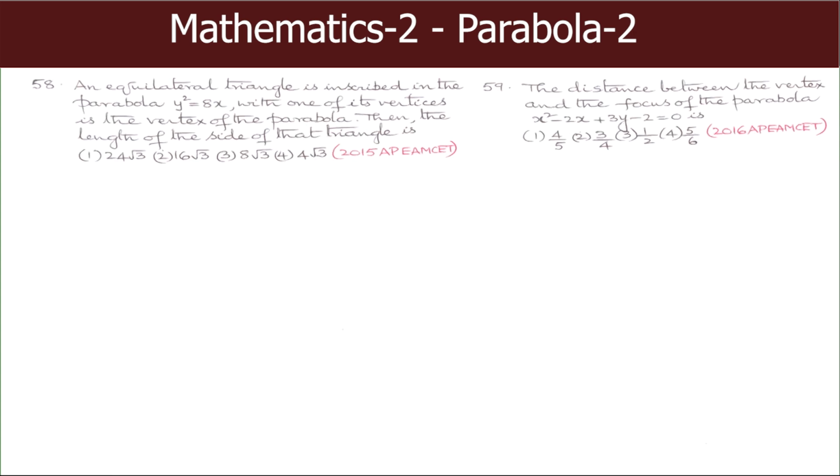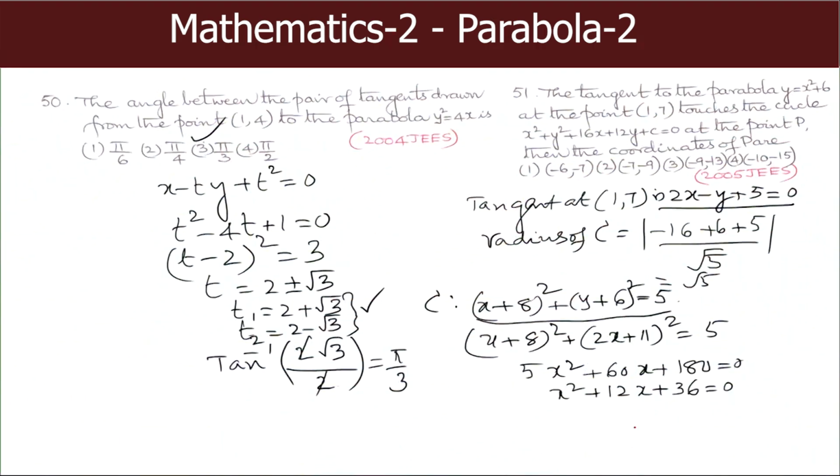We need only one value of x, because the tangent cuts the circle at one point. So this quadratic in x has exactly one value. This is (x plus 6) whole square equal to 0.